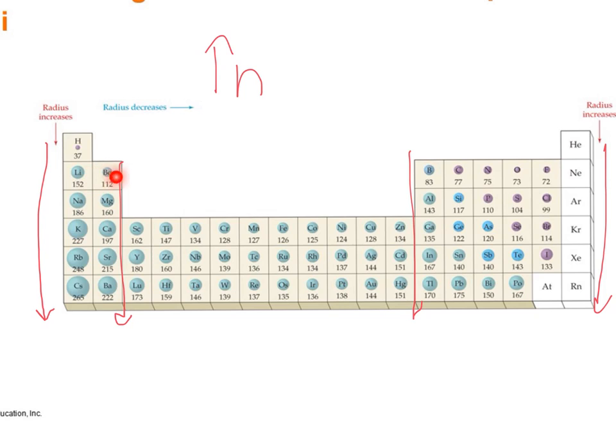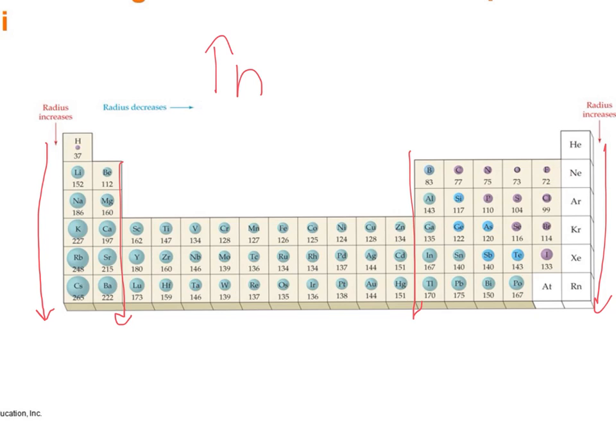One would think, all right, as we move across a period, we're adding electrons, so our atom should be getting larger, right? Bzz, wrong! Set you up there. As you move across a period, you can see that your atom is actually getting smaller.